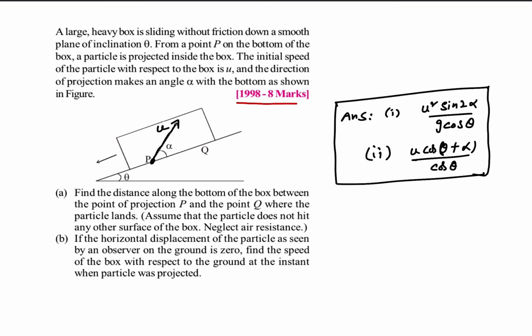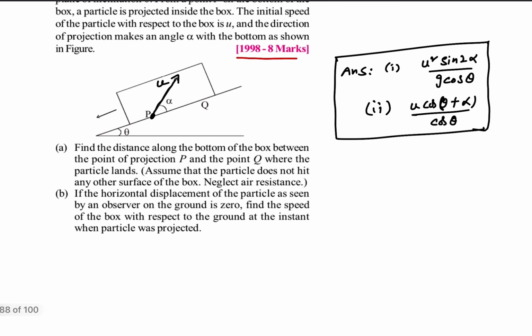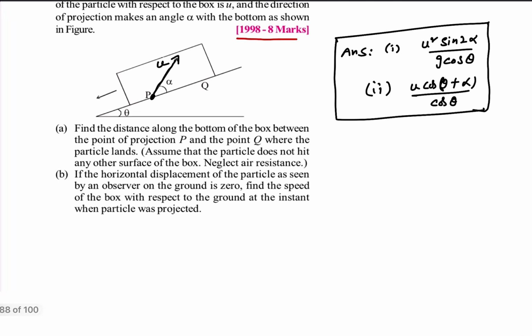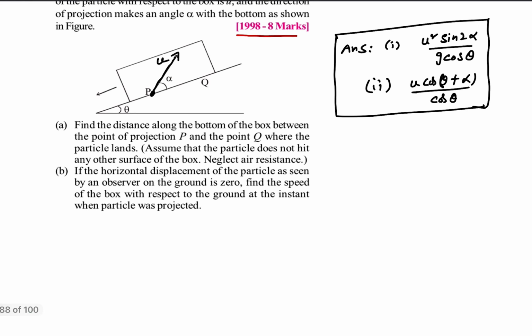The box initially does not have any velocity, it is sliding with g. The direction of projection makes an angle alpha with the bottom, as shown in the figure. Find the distance along the bottom of the box between the point of projection P and point Q. Point Q is the landing point where the particle lands.